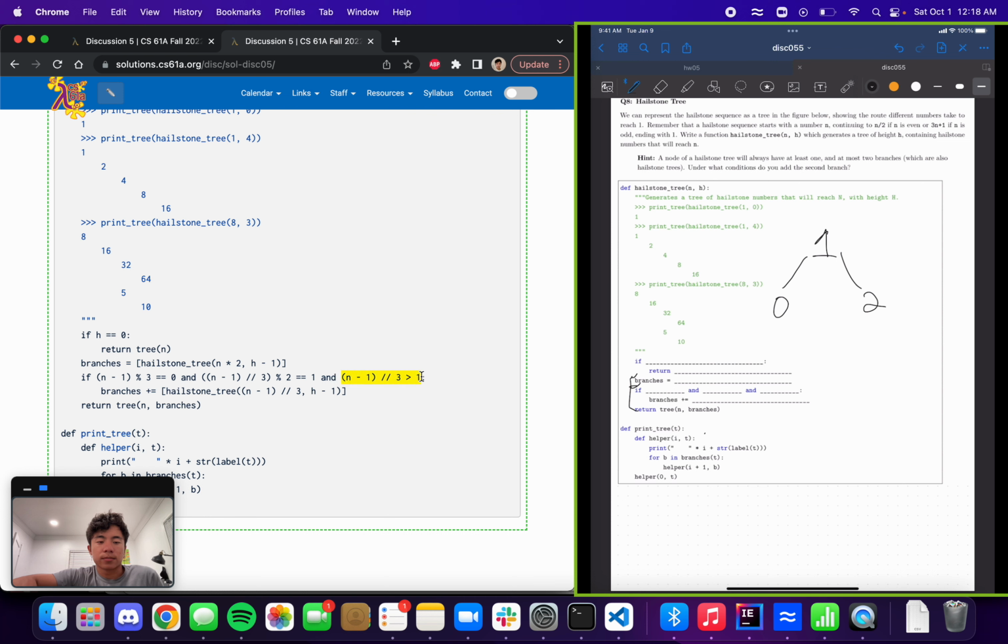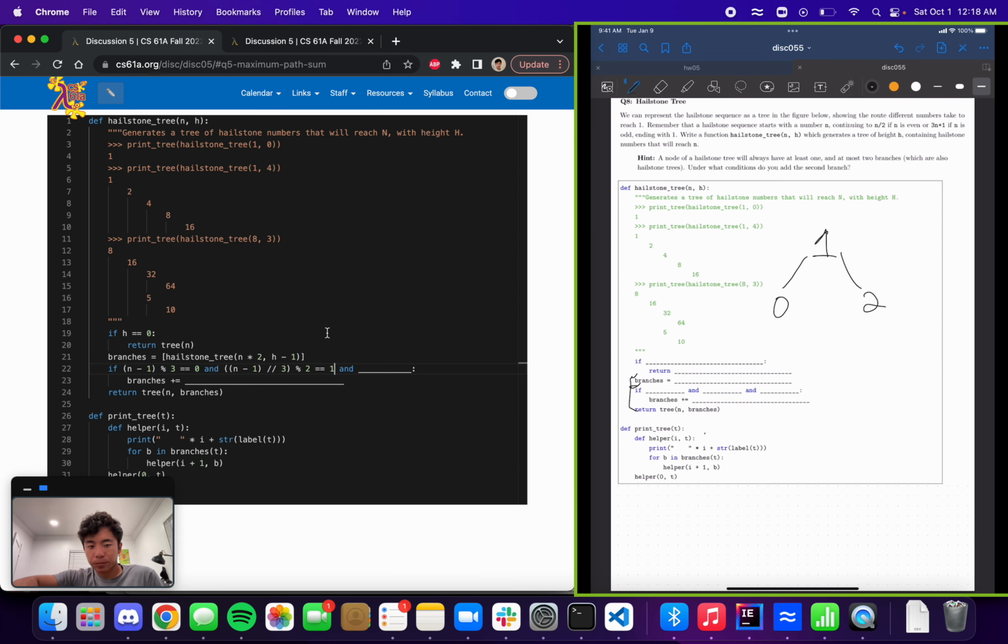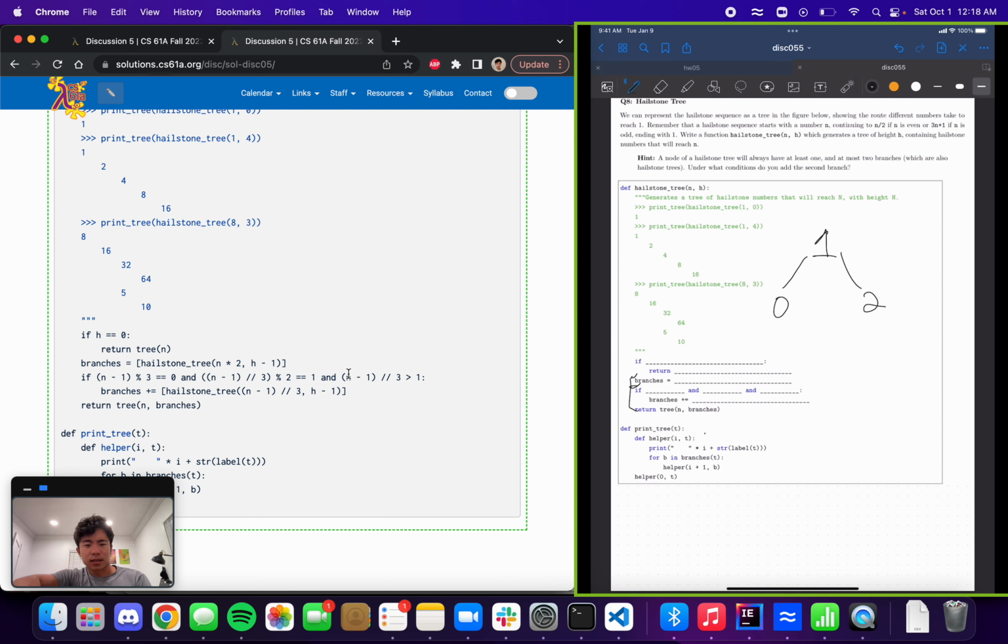Okay, this solution is not really necessary. I don't think this condition is actually necessary. And so I'll just paste this in, and we could talk about why it's not needed.